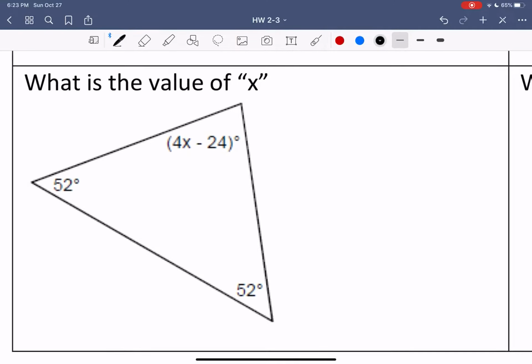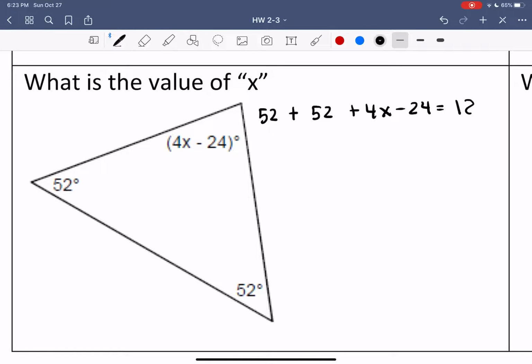What is the value of x? So again, working with the triangle sum theorem, we're going to add up our angles. So we'll take 52 plus 52 plus 4x minus 24 equals 180. So then we're going to solve for x, because that's what they're asking us to do.